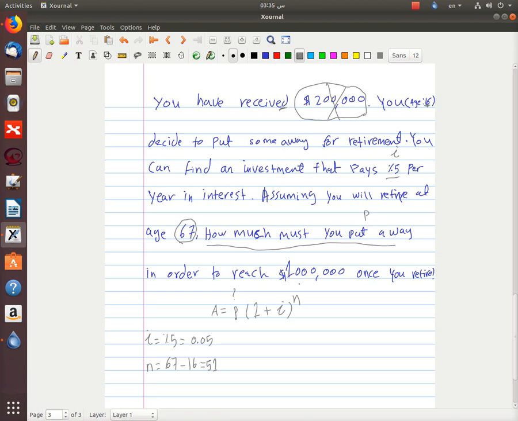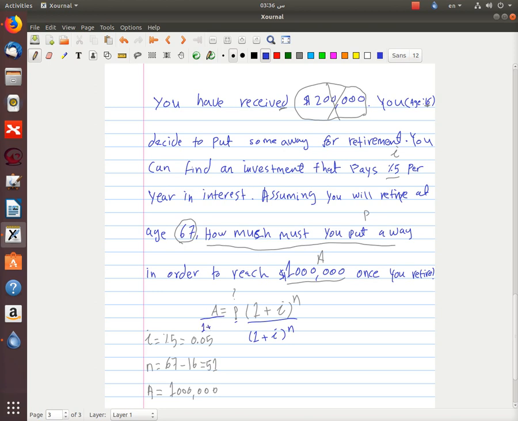To reach $1 million, which is going to be A. So A is $1 million. Okay, now simply we just plug in all of the numbers and we get P. We want P, so we're gonna divide both sides by (1 plus I) to the power n, and here the same thing.